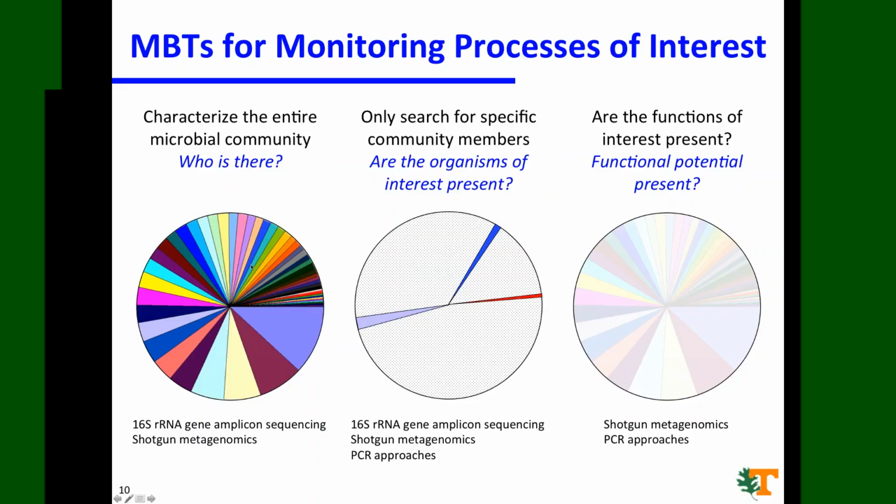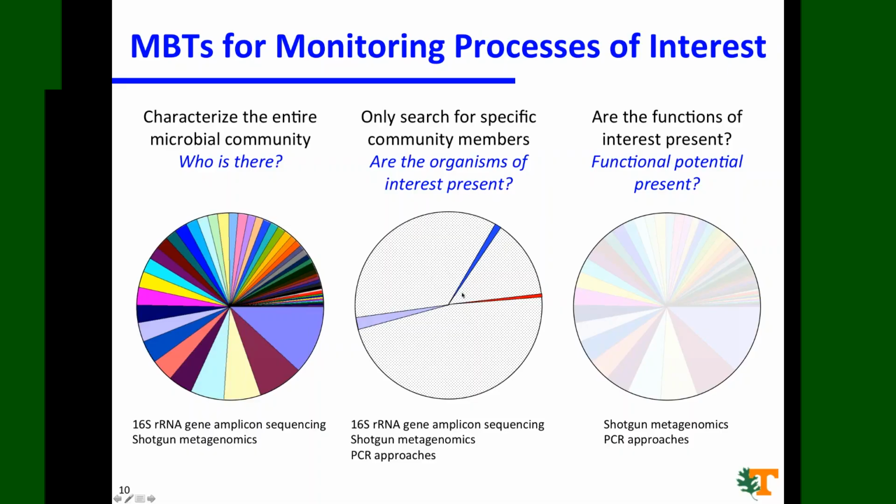But you imagine you get a lot of information, and many of the microbes you are detecting have nothing to do with your process of interest. So then, can you be more specific? This is shown in the middle figure. You only search for those community members that you are interested in. So are the organisms of interest present?